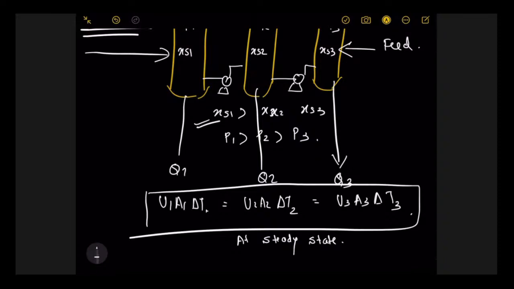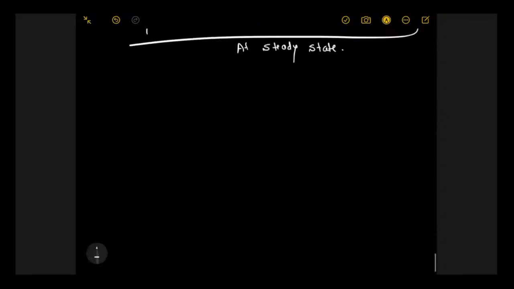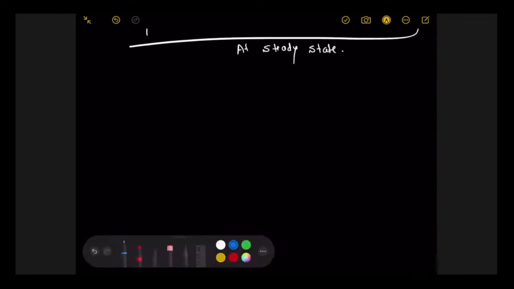Got it? Okay. So this is all about the evaporators. Now give the heading boiling.